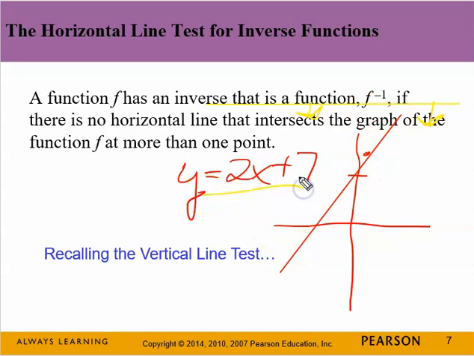That's the graph of this. Now, does it intersect this in only one place at a time? Remember the vertical line test was we did it vertically. This is horizontal. And the answer is yes. So this is capable of having an inverse. We say it passes the horizontal line test. And it's very similar to the vertical line test. Okay, let's go on.